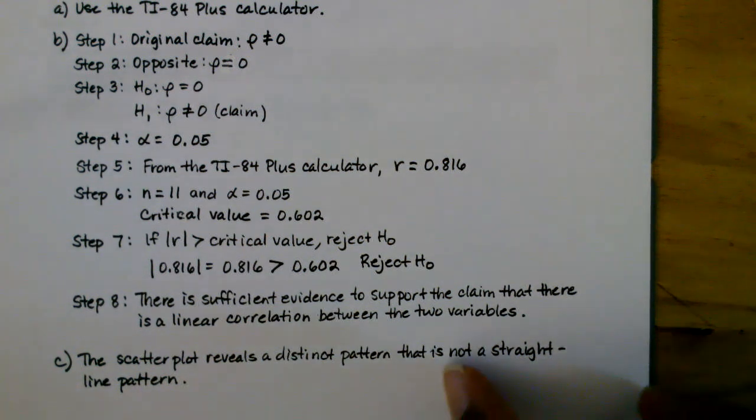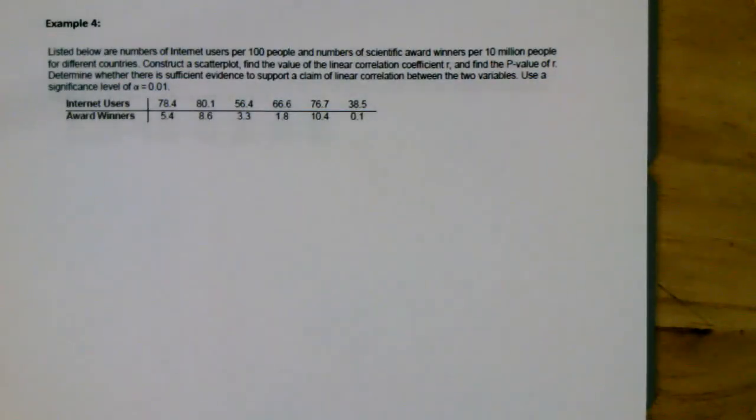Okay, look at example 4. It says here, listed below are numbers of internet users per 100 people and numbers of scientific award winners per 10 million people for different countries. Construct the scatter plot and find the value of the linear correlation coefficient r and find the p-value of r.